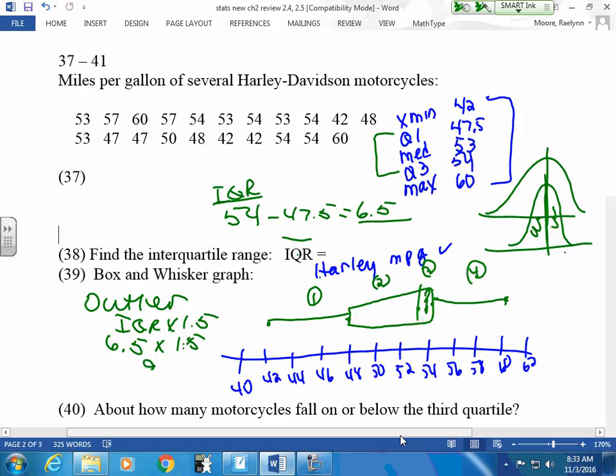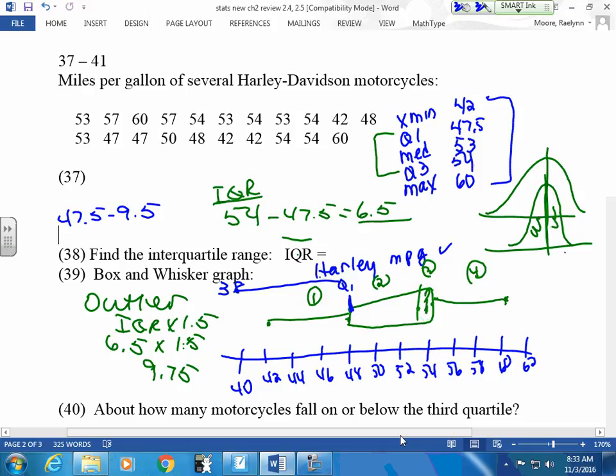Thank you. You're my go-to guy, Chris. Now, this is what this means. I take my quartile 1, which is 47.5, and I subtract 9.75. I get 38 over here.